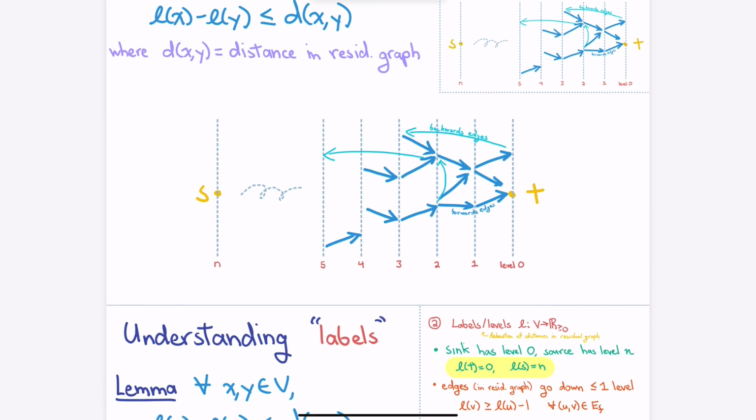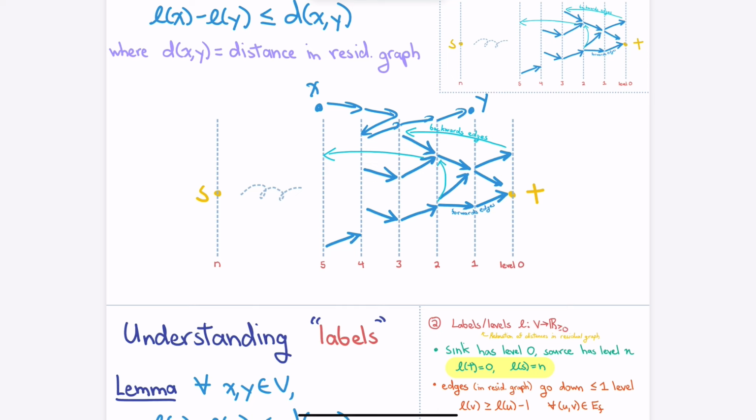So if I have some x and I have some y, and I'm just looking at the edges to go from x to y, each edge can only go forward one layer. It could go backwards, forward one layer, forward one layer, forward one layer, right?